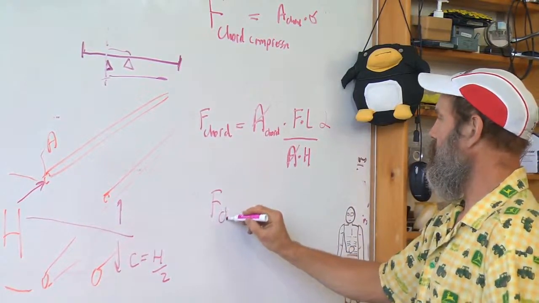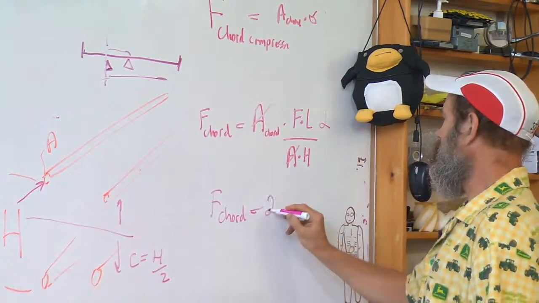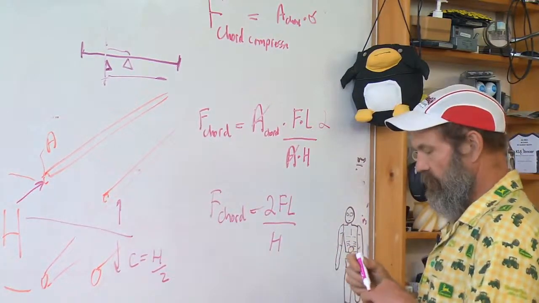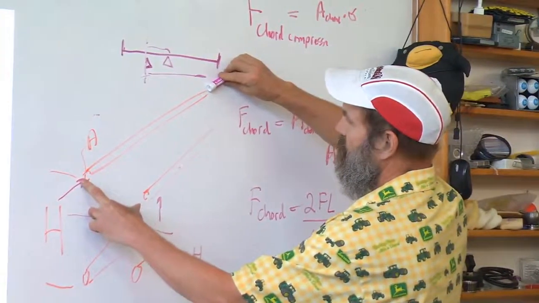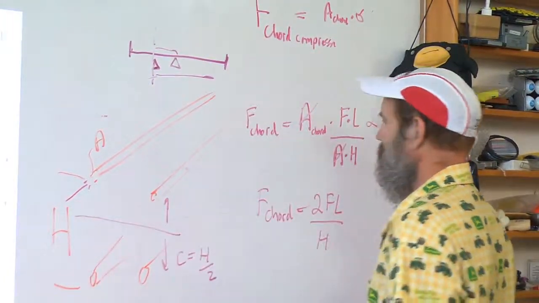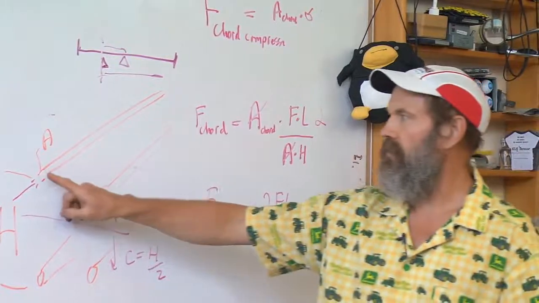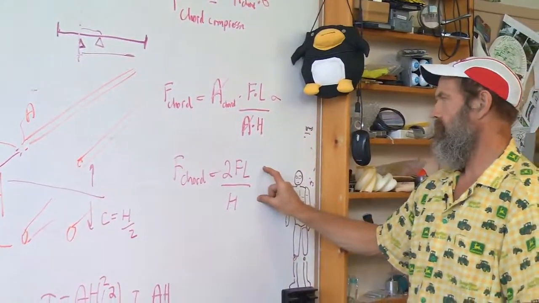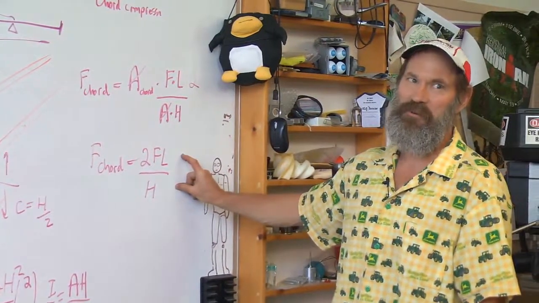The force in the chord equals 2FL over h. In other words, the force pushing this member to compress it is independent of the actual area of it. All it depends upon is the depth of the truss. Now that is a really cool result.